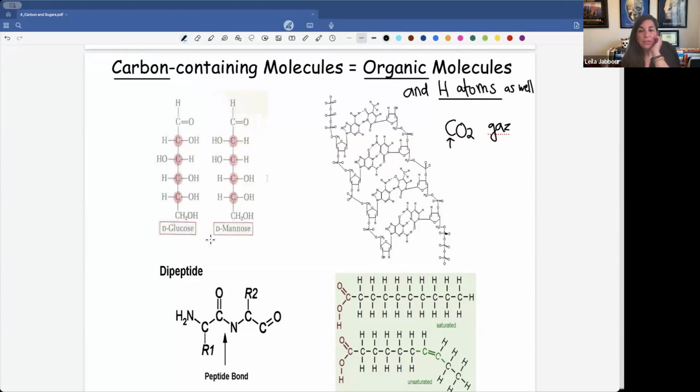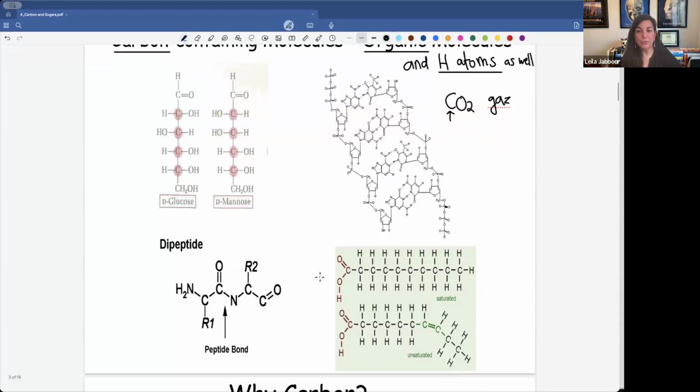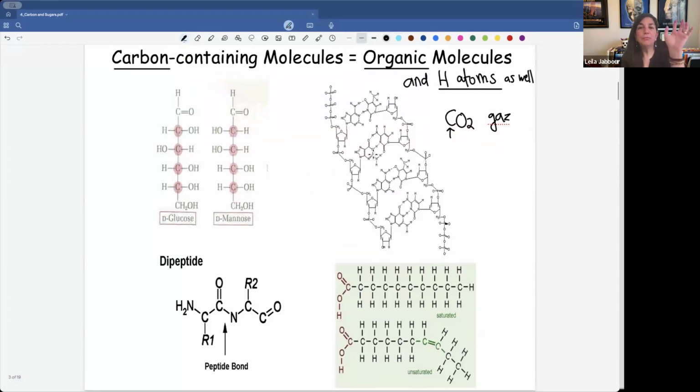Okay, so these are examples of organic molecules. You don't need to memorize the structures of these molecules. These are just examples of organic molecules, not examples of carbohydrates. This, for example, is a nucleic acid.